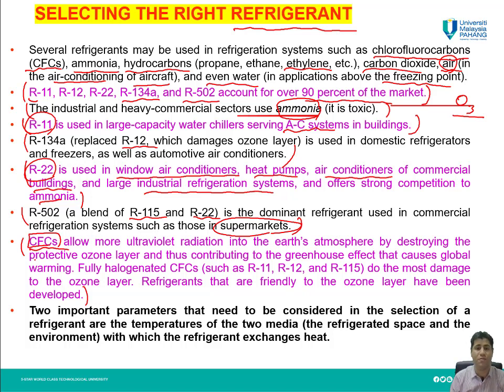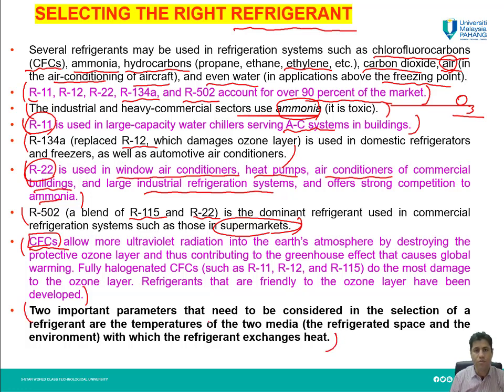They can be used in a refrigerator without any problem, but they are harmful to O3, or ozone, and the scientists are trying to substitute the CFCs with new types of refrigerant which do not damage the ozone gas.